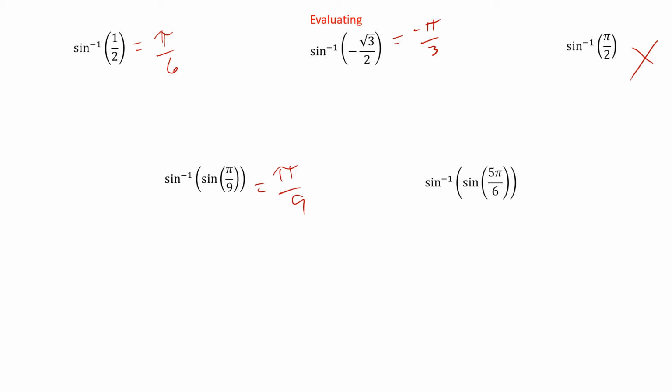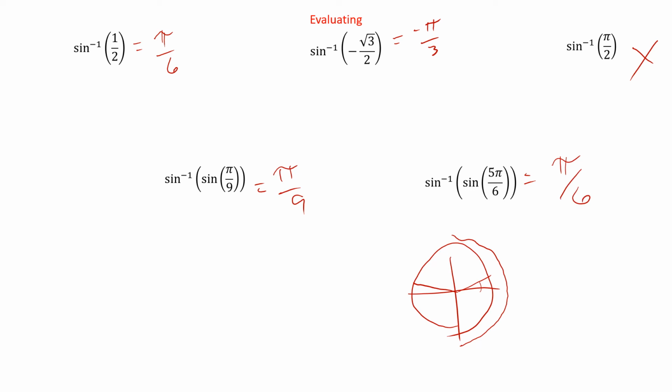So if we think about our unit circle on this one, 5 pi over 6 is over here. So we need the angle in this half of a circle that has the same height. That's that one. It's just pi over 6.